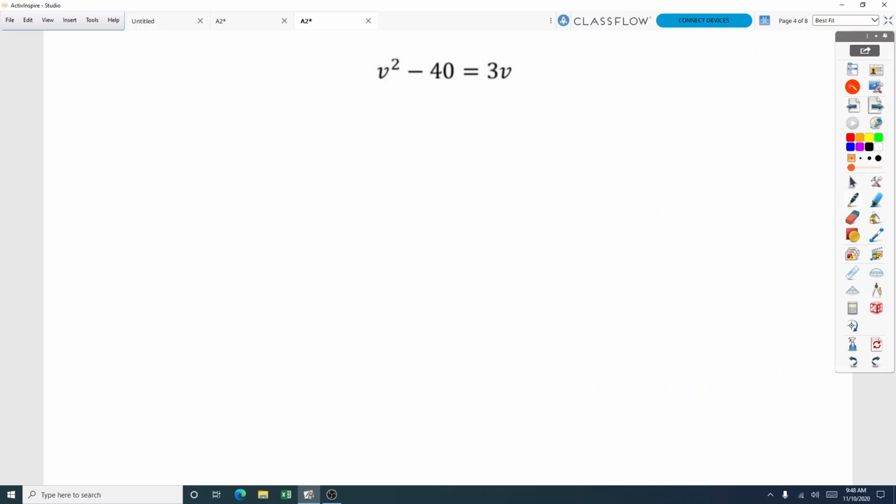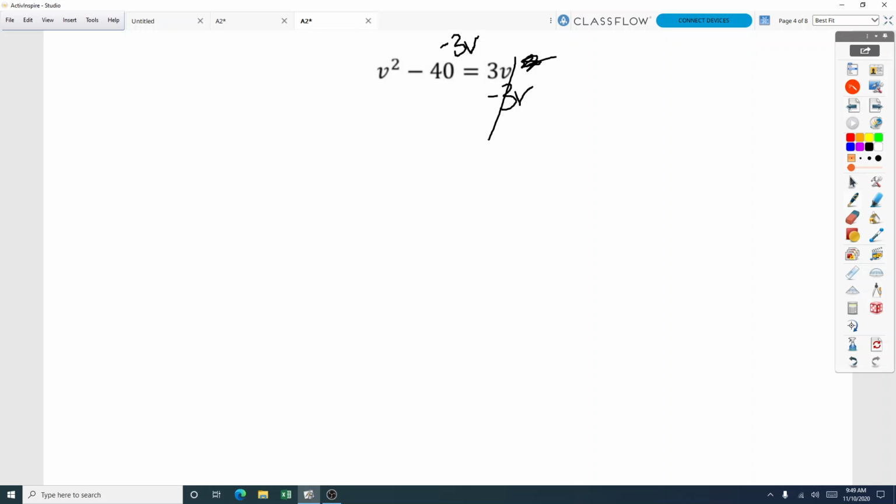Now, our first example, v squared minus 40 equals 3v. Well, if you notice, this 3v is over here on this right side, and I don't want it to be. Right now, it's a positive 3v, so I'm going to subtract it and move it over.